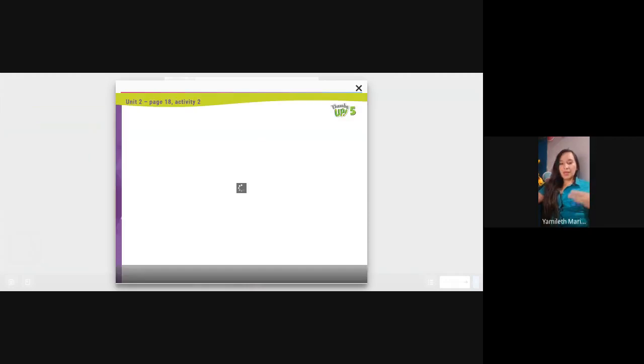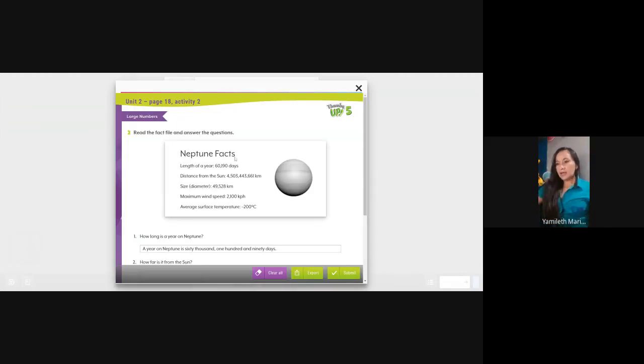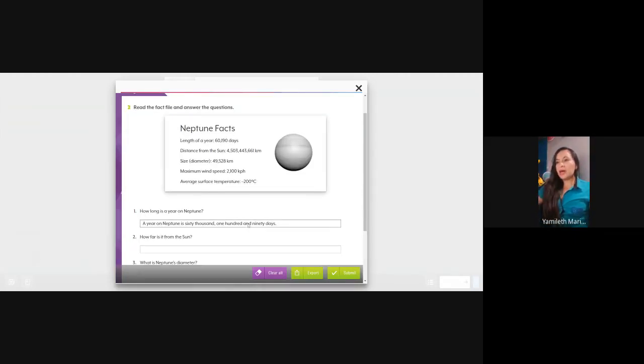Remember that we are talking about large numbers. It is important that you continue practicing numbers. And here we have: read the fact file and enter the equations. Neptune facts. Length of a year, 60,190 days.